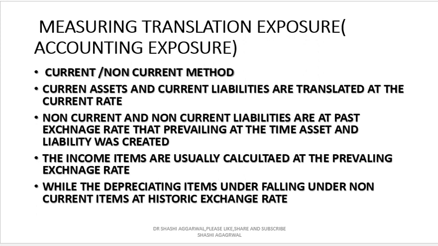So current assets and current liabilities are translated at the current rate of exchange. Non-current assets and non-current liabilities are translated at the past exchange rate prevailing at the time when the assets and liabilities were created. The income items are usually calculated at the prevailing exchange rate, while depreciating items falling under non-current are at the historic exchange rate.